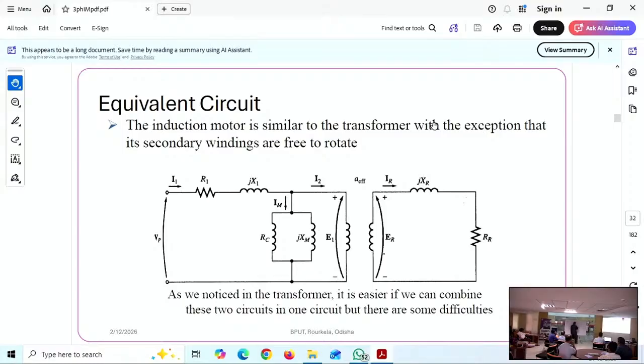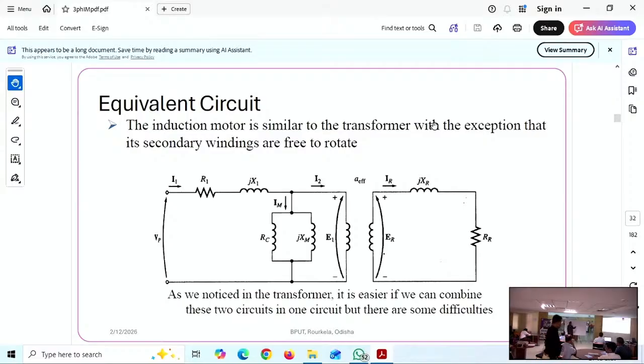So N2 I2 is nearly equal to N1 I1; the MMFs are nearly equal. This ratio, if you write it, they are writing as effective. Okay, I am writing according to the slide, effective. This is the turns ratio.